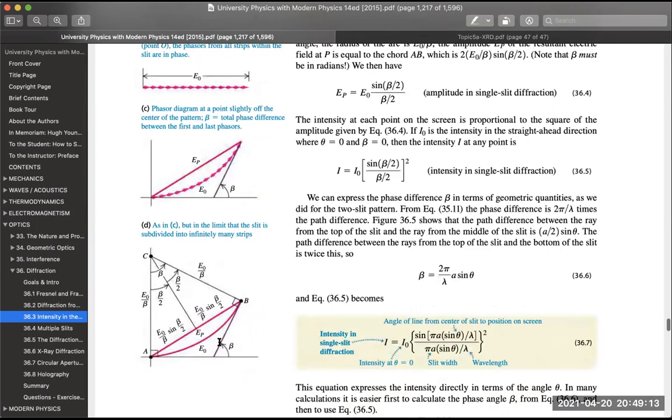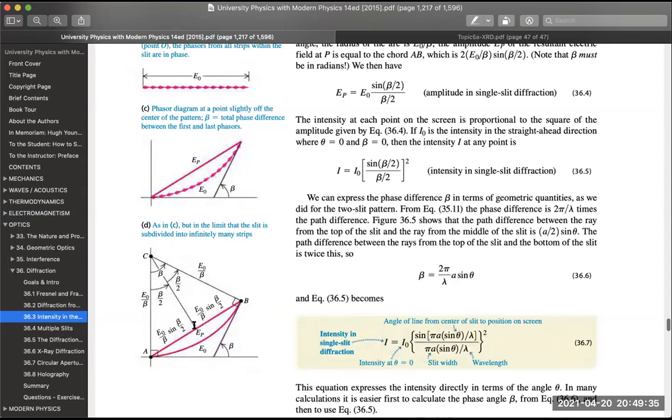If we express beta, the overall phase difference, in radians, this becomes a circular sector of width beta.